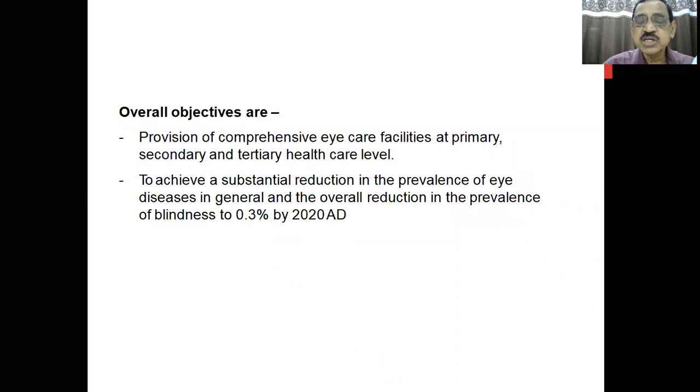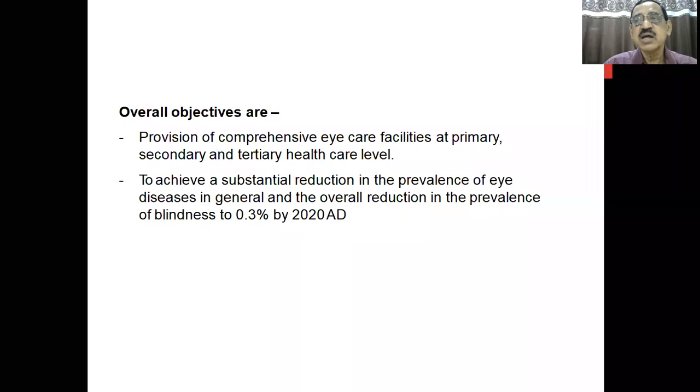So the overall objectives of NPCB are, first and foremost, provision of comprehensive eye care facility at primary, secondary, and tertiary healthcare level. Primary healthcare level is primary health centers, where you have a paramedical ophthalmic assistant and also mid-level community workers. Secondary healthcare, we have the district headquarters hospitals where you have an ophthalmologist and also an optometrist or paramedical ophthalmic assistant.